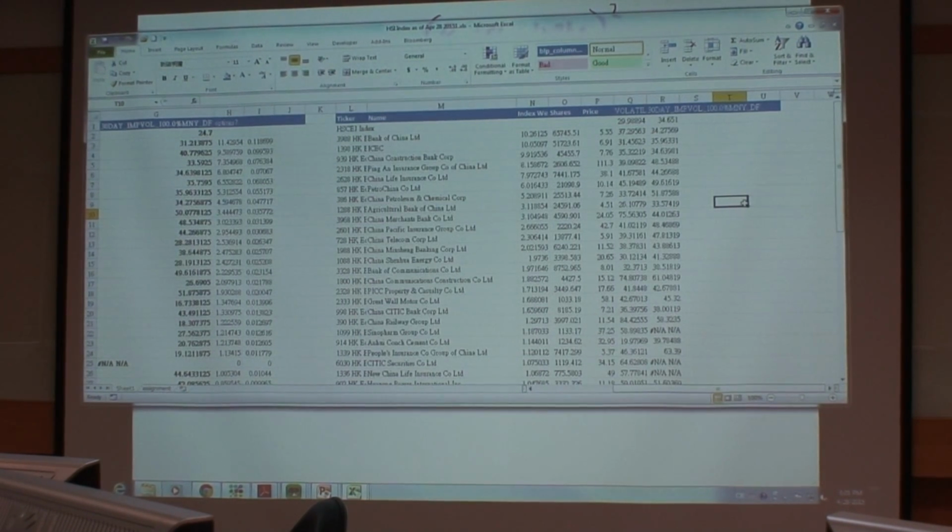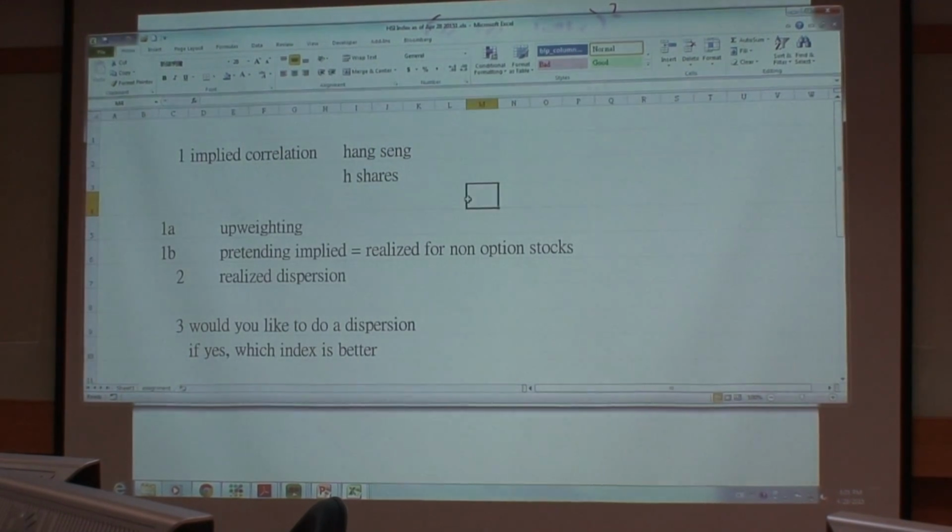So it's slightly different, but not spectacularly so. So the assignment, these are the numbers. I will save them or have David save them. I want the implied correlation for the Hang Seng and the H shares based on upweighting and based on pretending implied is realized.